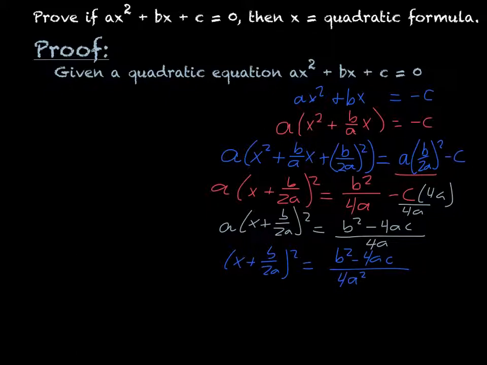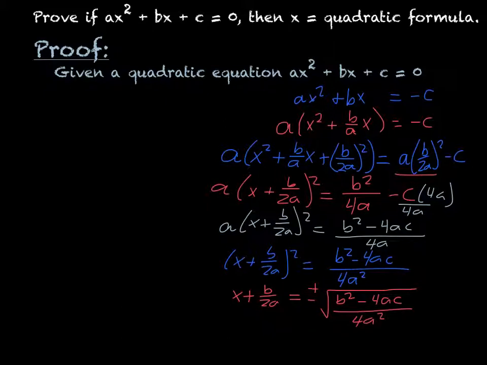And then I take a square root of both sides. When I take a square root, I need to take plus or minus. So I'm going to have x plus b over 2a equals positive or negative square root of b squared minus 4ac divided by 4a squared.